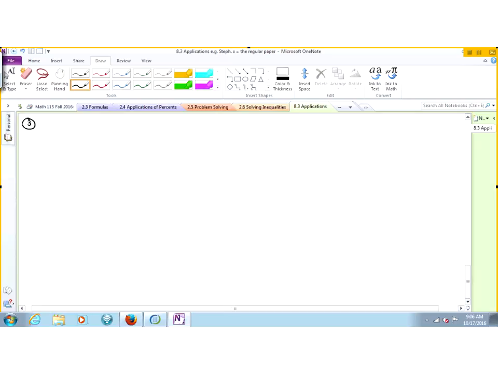Steady state antifreeze is 18% alcohol and even flow is 10% alcohol.